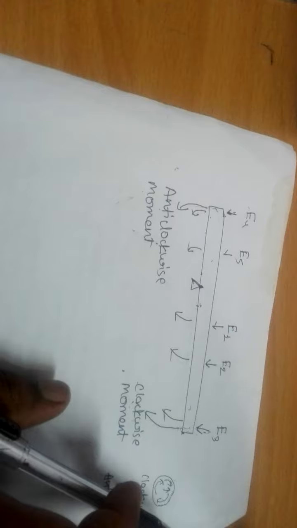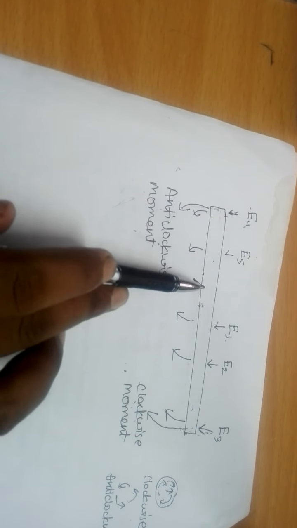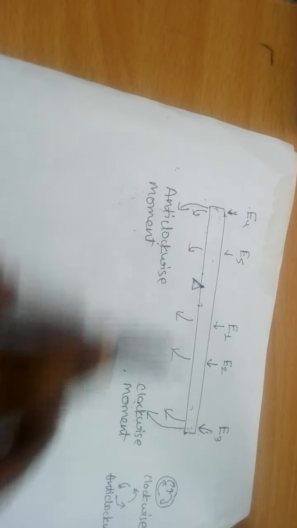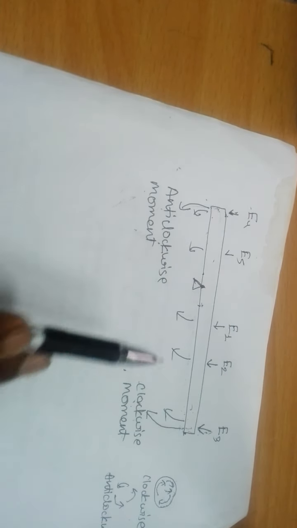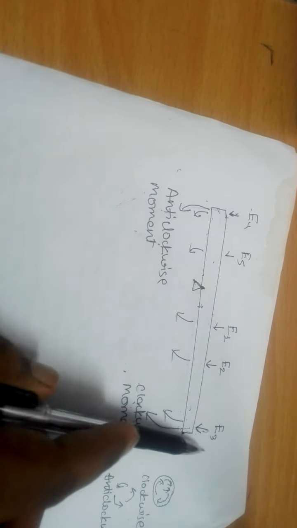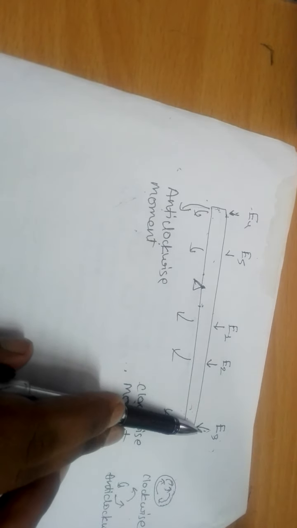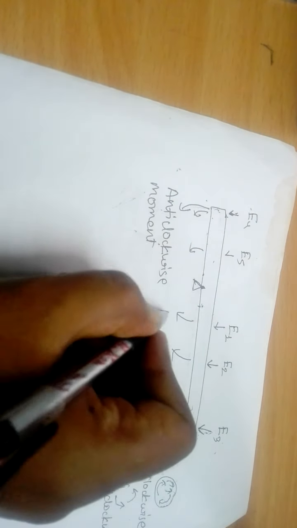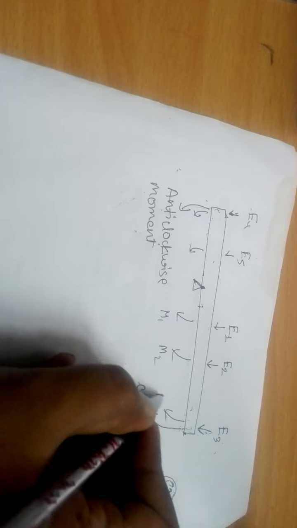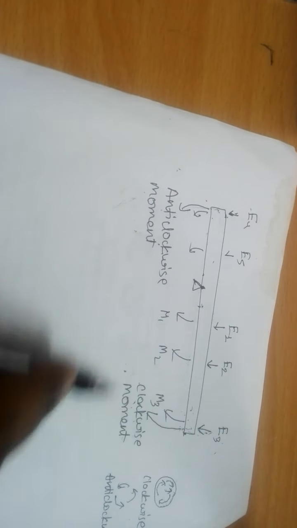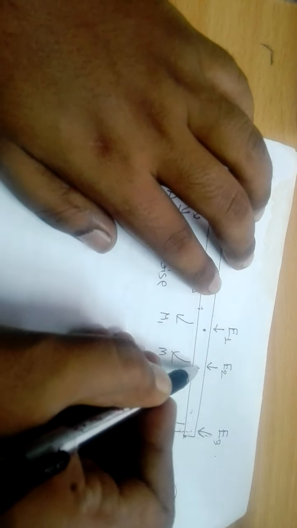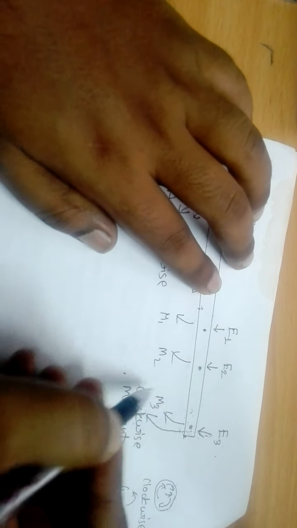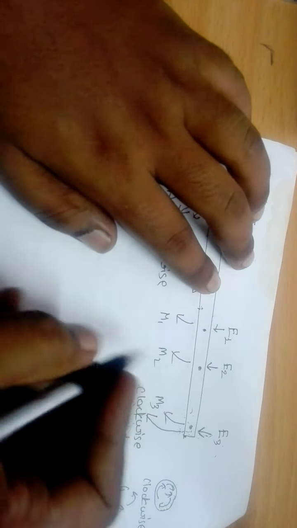Now you need to check whether the device will be balanced or not. You need to take the total amount of clockwise moment. You need to add M1, M2 and M3 to find the clockwise moment, because as I told you, if you apply force at these 3 points, they will produce moment in the same direction, meaning they will get added.